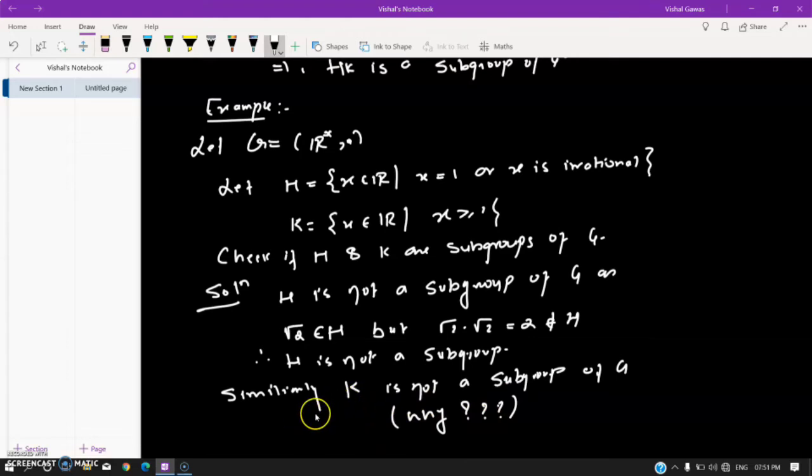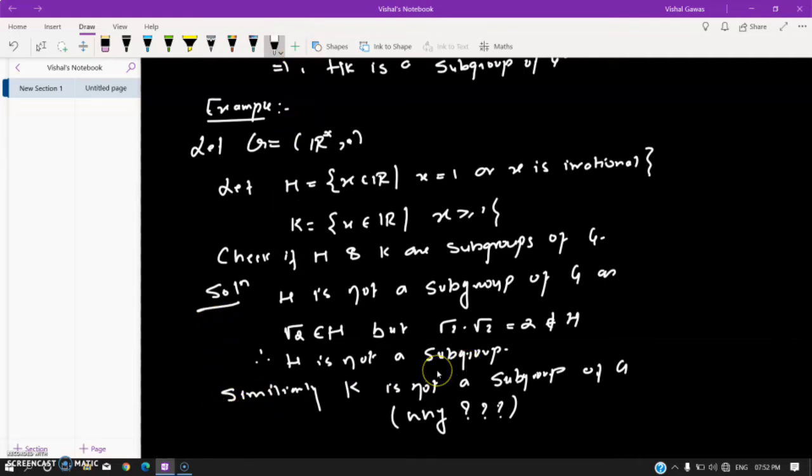You can verify why it's not a subgroup. I'll leave it, it's pretty straightforward. I wouldn't tell you that; you can just go and check it out.